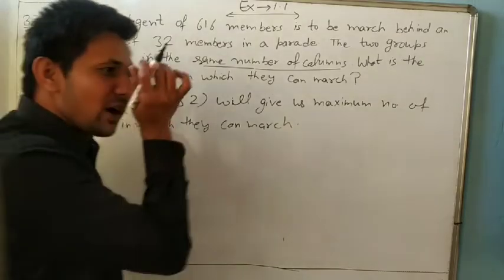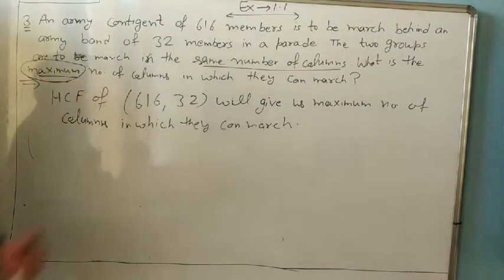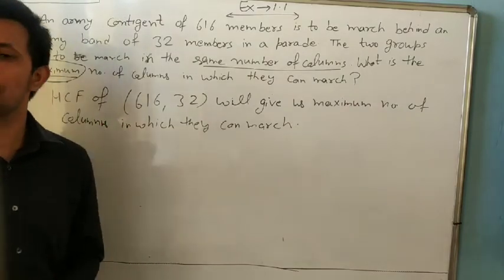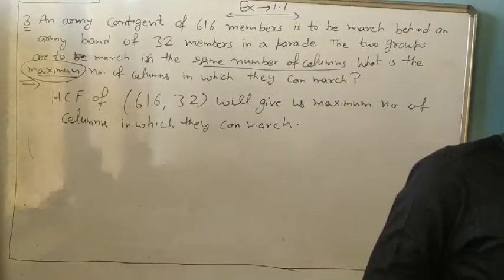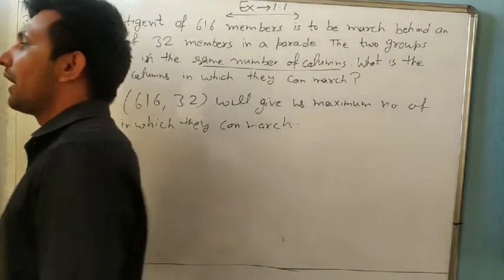Do you understand why we are finding the HCF? Okay, so we will find the HCF, and how will you find the HCF? Everyone, by Euclid's division lemma. In 10th class, if any question asks you to find the HCF, we will use Euclid's division lemma. Don't find it directly.